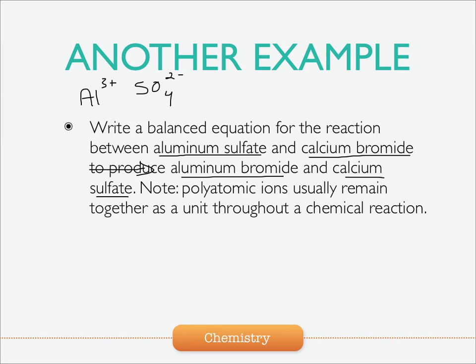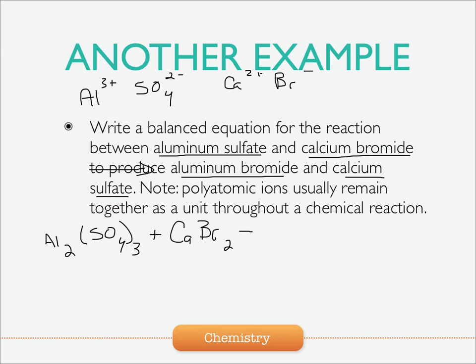So aluminum sulfate is going to be Al2(SO4)3, plus calcium bromide. Calcium 2 plus, bromine 1 minus, so it's going to be CaBr2.